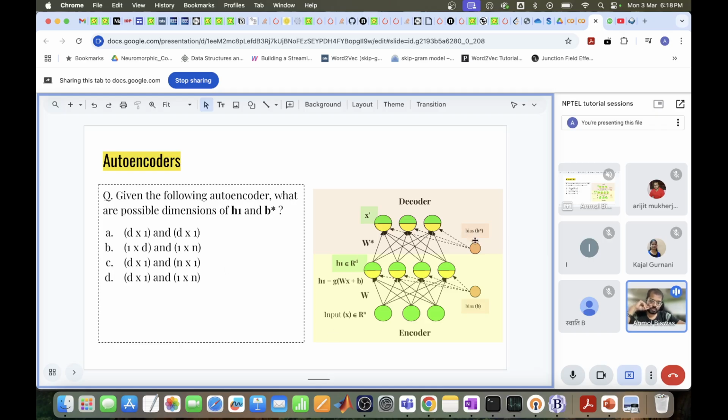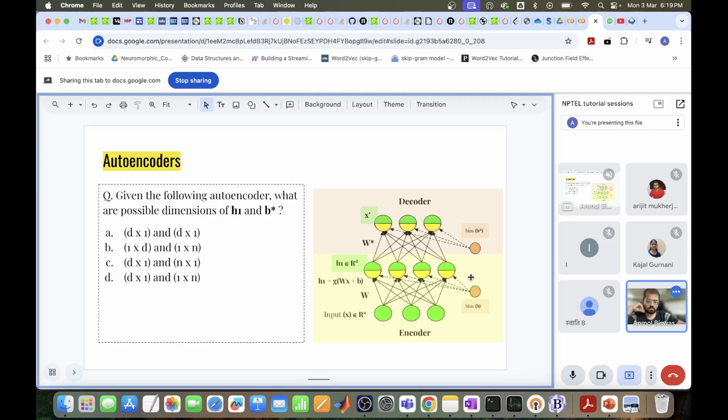And what is b star? b star is the bias that goes into the output layer. Obviously, the number of bias variables that go into the output layer must equal the number of neurons in the output layer. So the number of variables in b star should be n, because there are n dimensions in the input and n dimensions in the output, obviously, right?